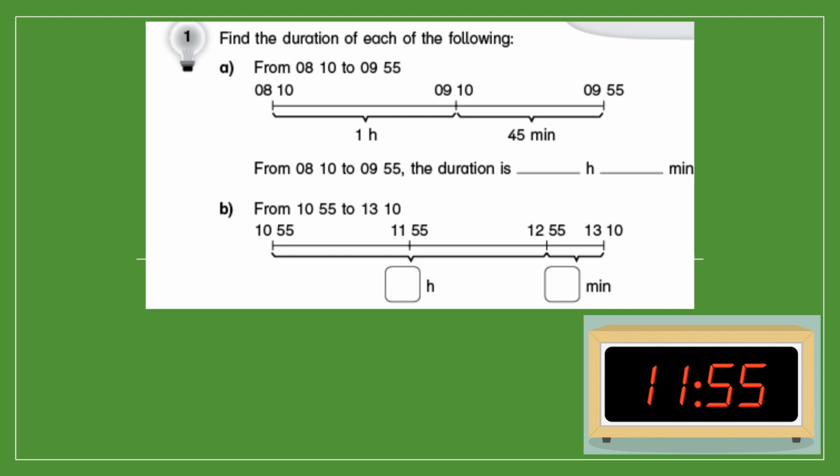If I increase by 1 hour, it's 11:55. 2 hours is 12:55. 13:10 is quite close to this. So after I added on 2 hours, I can actually add 5 minutes to make it 1300 hours, and then another 10 minutes to make it 1310. So all in all, I'm looking at 2 hours and 15 minutes.